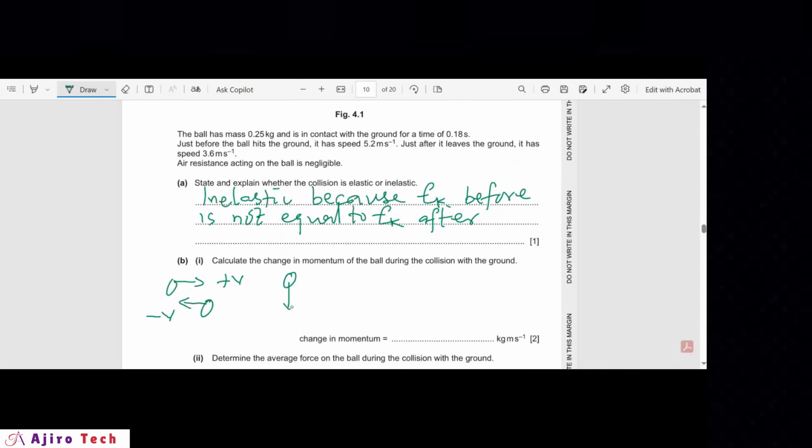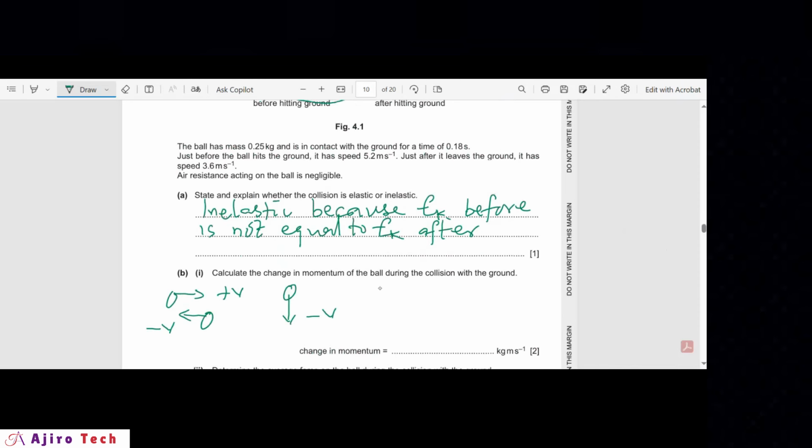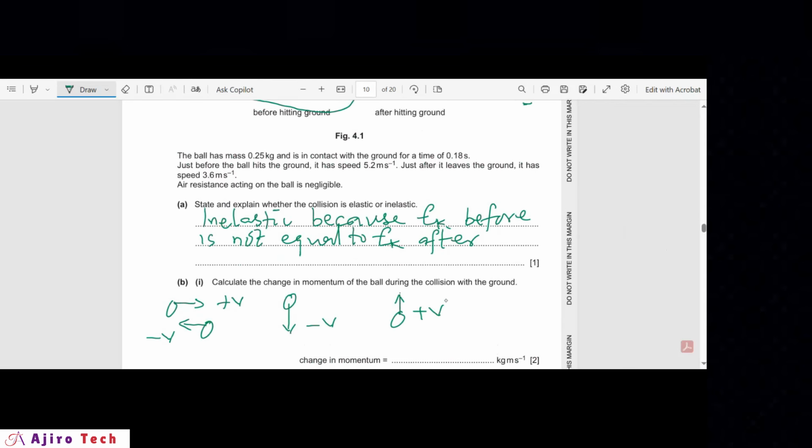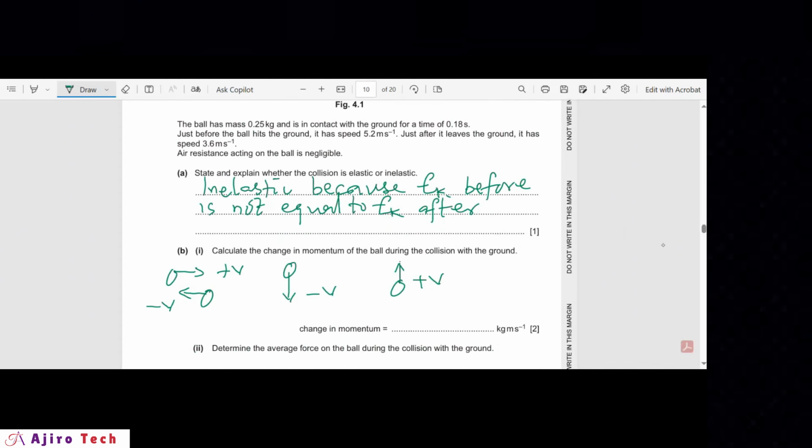So an arrow moving down is negative velocity. Then if it's moving up, positive velocity. So take note of this one. Take note of that. So from here, we know what to do. So we are calculating change in momentum. So we only have the velocity, two velocities here. So take note of this.